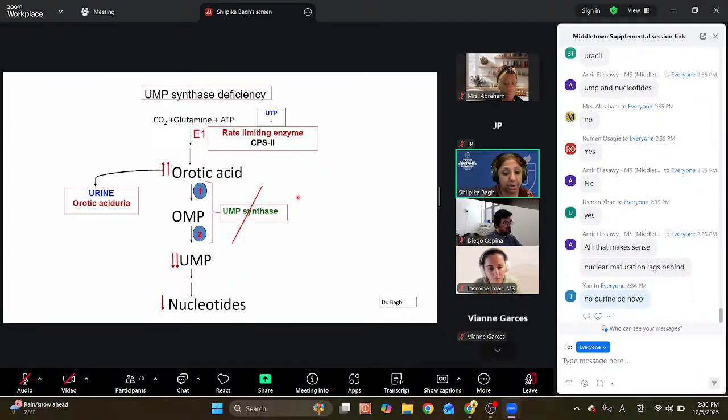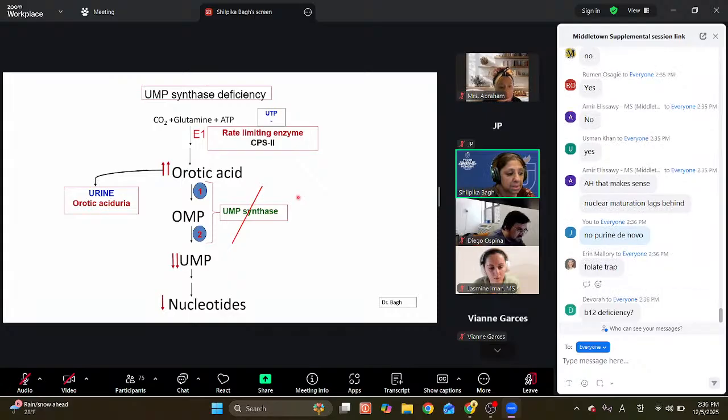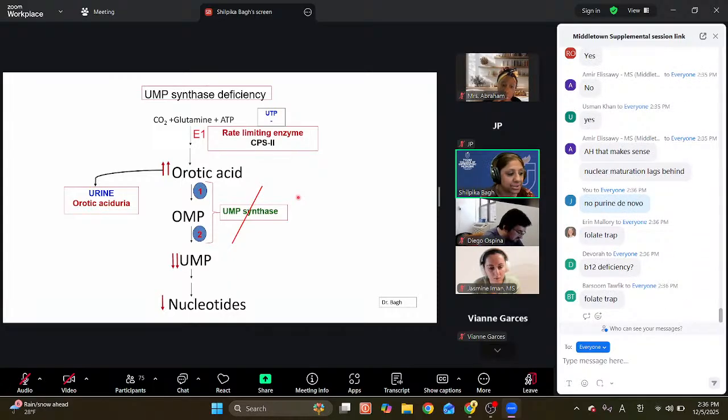No, cause. I'm not saying why you get megaloblastic anemia. Megaloblastic anemia means nuclear maturation lags behind cytoplasmic maturation. I'm asking you what's the cause? No folate trap. Folate trap is seen in B12 deficiency. The causes are pregnancy, low folate in diet, folic acid malabsorption, and methotrexate intake.